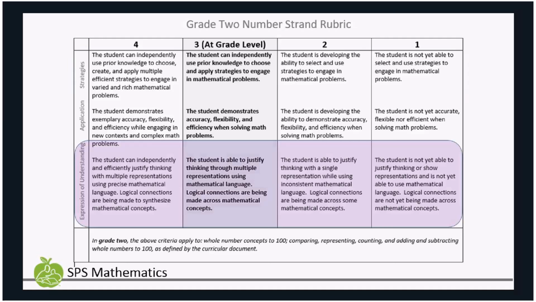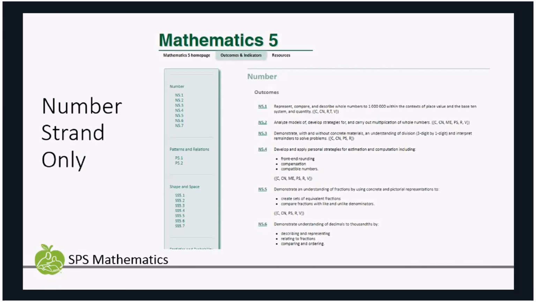So it's important to know that these mathematics rubrics at the provincial level only encompass the number strand of the curriculum. So when you're looking at the rubrics and you're trying to make that end of the year professional judgment decision about whether students are at grade level or at a different level on that rubric, we are only pulling into consideration the number outcomes within our curriculum.